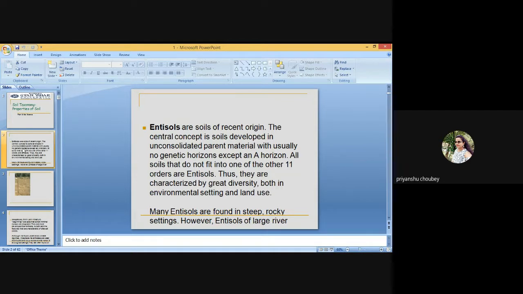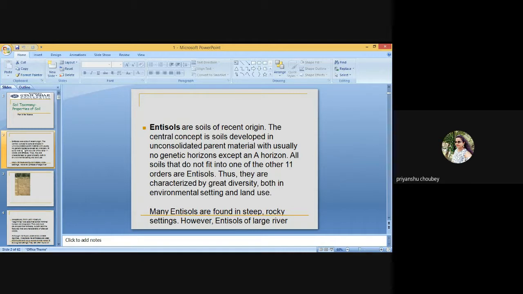First one is Entisols. Entisols are recently developed mineral soils with no diagnostic horizon and a low degree of soil development due to less time, and occur in all states of India. So Entisols are of recent origin.